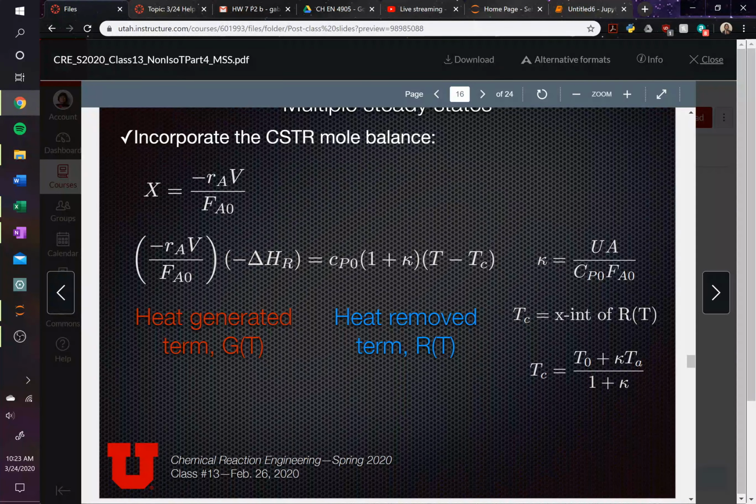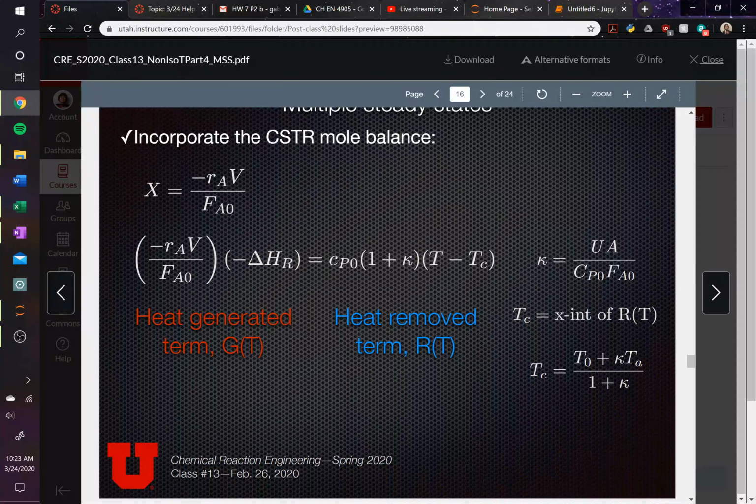Looking at these graphs, you can see that the heat removed is generally a linear function of T. If we go back to this graph, our energy balance is linear, so that is going to represent our heat removed.